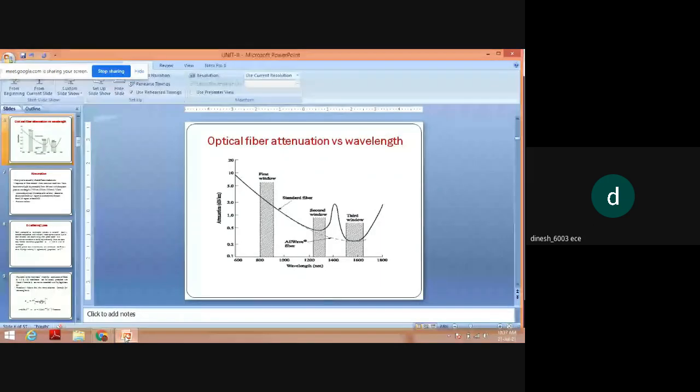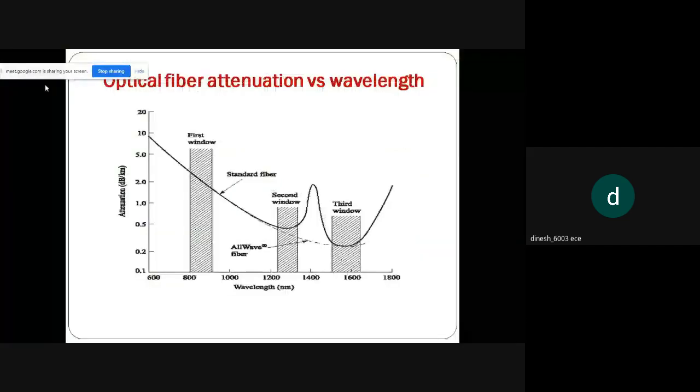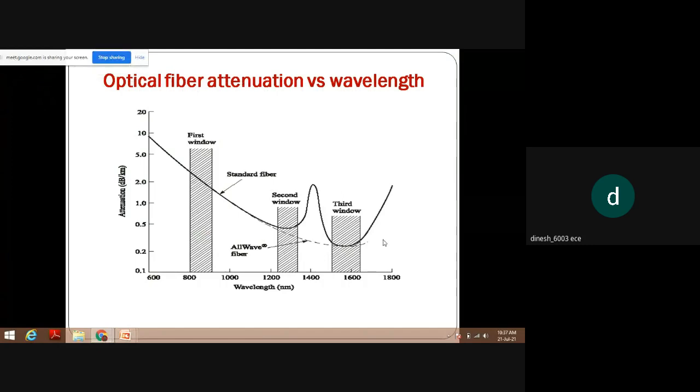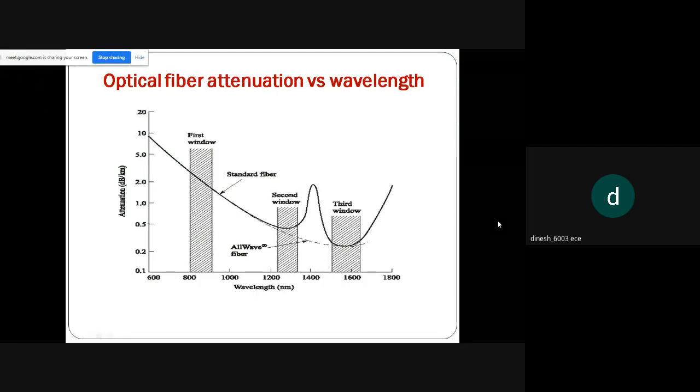So we were seeing this optical fiber attenuation versus wavelength. The wavelength is given on the x-axis. Attenuation is given on the y-axis, ranging from 0.1 to 20 decibels per kilometer, for every kilometer taken.